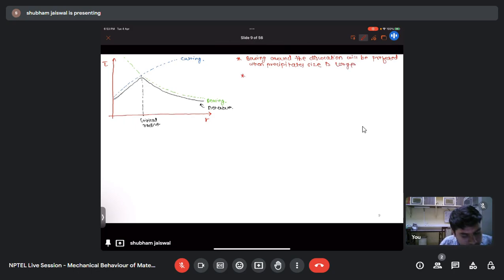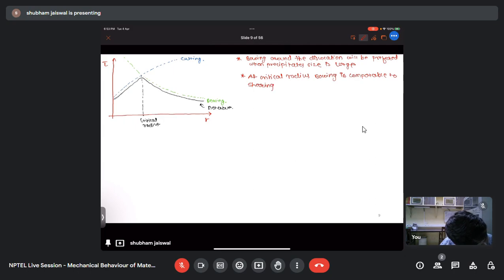And the second one is at critical radius, bowing is comparable to shearing.